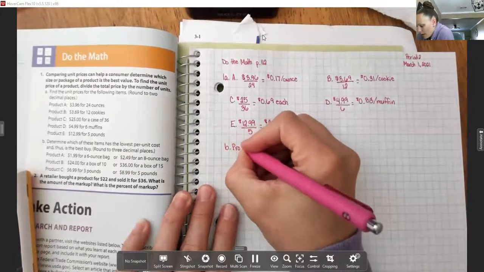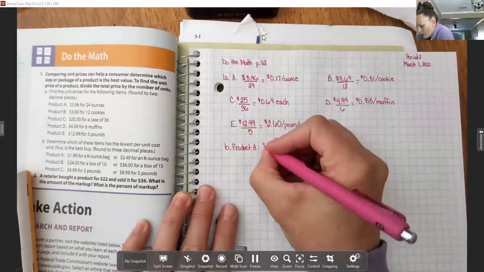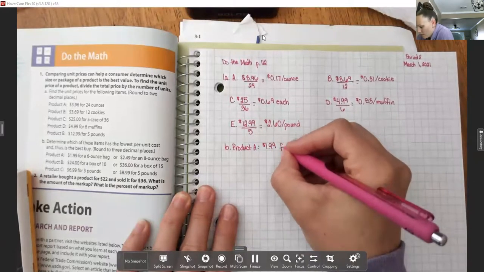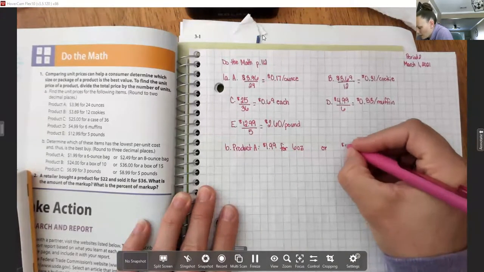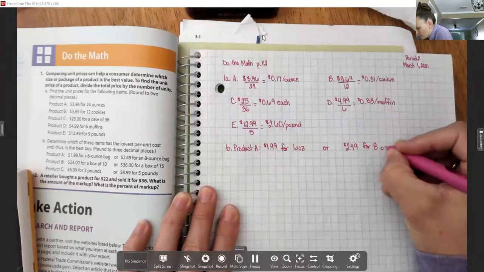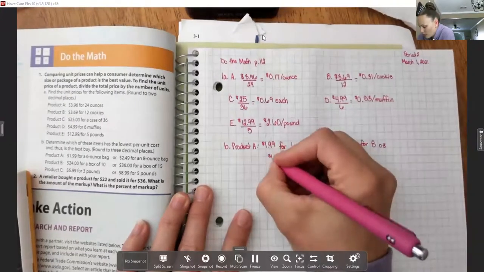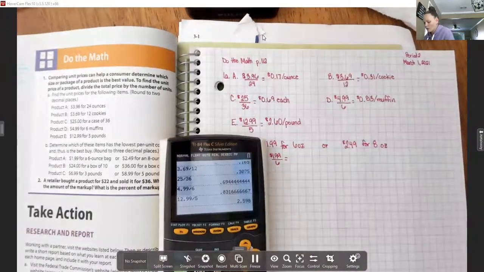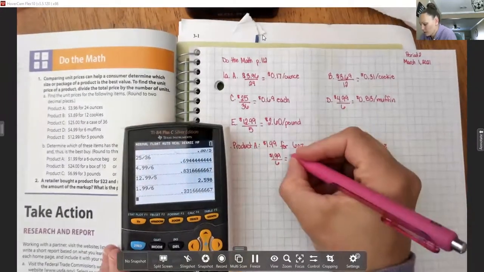All right, so product A is $1.99 for 6 ounces or $2.49 for 8 ounces. So same idea here: $1.99 divided by 6 is 33 cents per ounce.